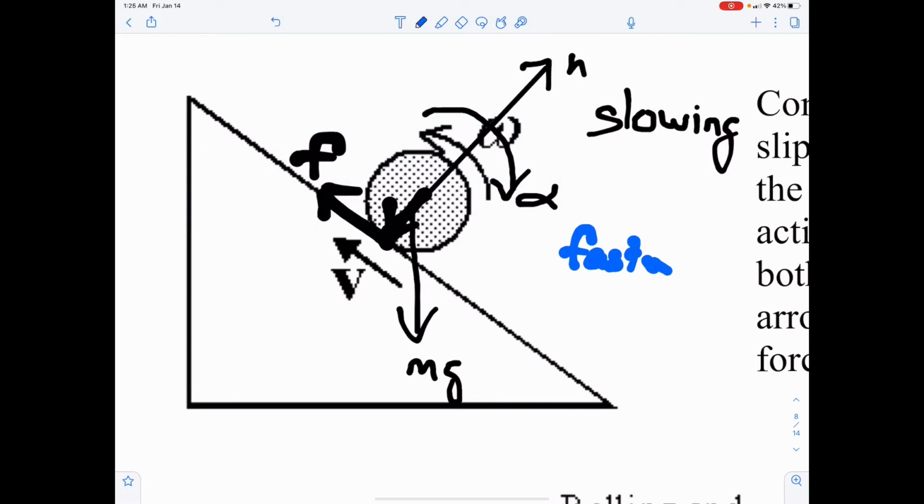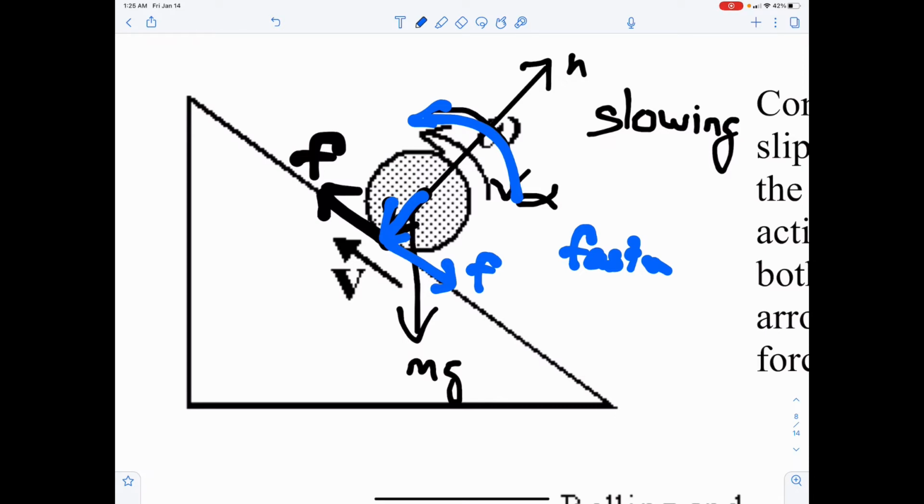Well, if it was going faster, that would mean that alpha would be in the same direction as omega. That would put your thumb out of the page for angular acceleration and torque. And when you do torque equals R cross F, that would put friction going down the page.